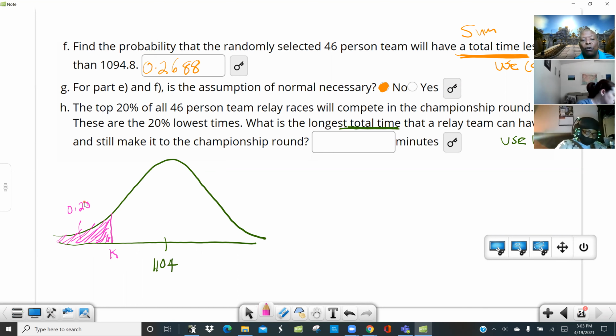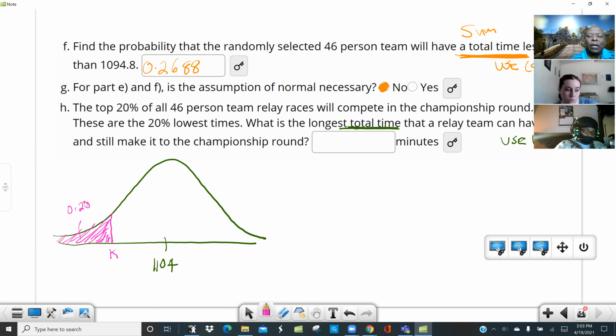I can see the word is top. Depending on what's going on here, top could mean the right-hand side. But when you are racing, the fastest people are the people who finish fast. That's why we are shading the 20% on the left-hand side. Ordinarily, for other things, we would shade the right-hand side depending on the meaning.